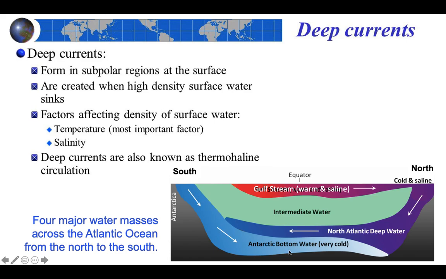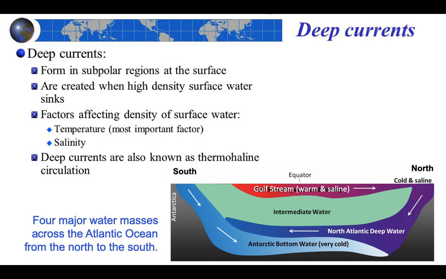You see a bathtub-looking geometry of the Atlantic Ocean, and we have extremely cold polar waters, cold and salty. They sink both in the south near the Antarctic continent and in the north near Greenland and Iceland and Baltica.